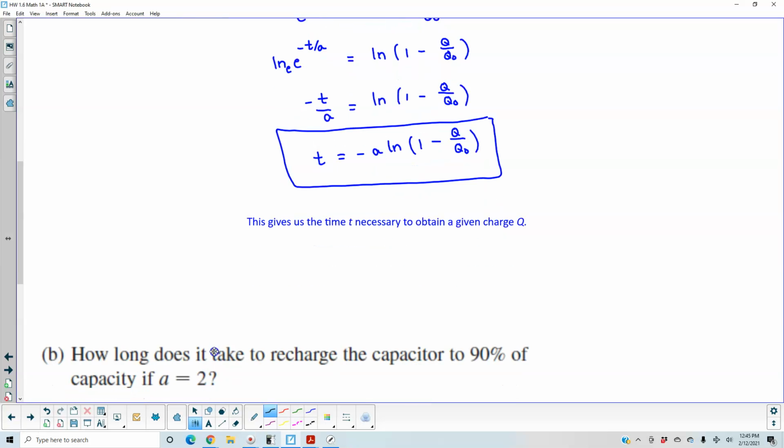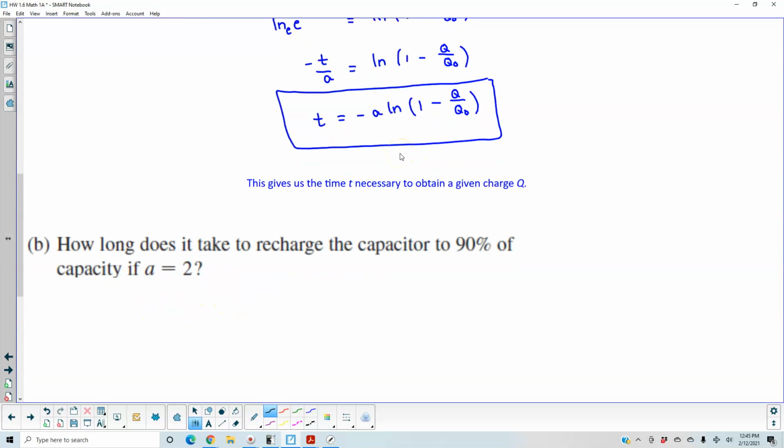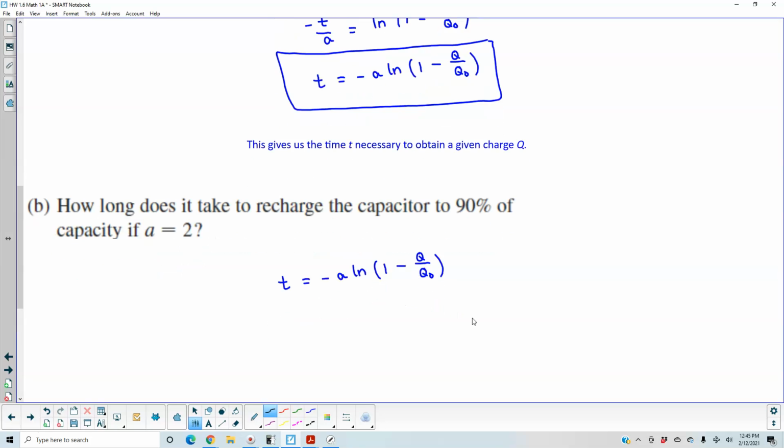So now in part B, it's asking us how long does it take to recharge the capacitor to 90% of capacity if a is equal to 2. So we're going to use this inverse formula here. We're given the fact that the constant a is equal to 2.